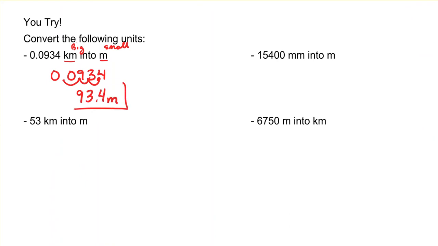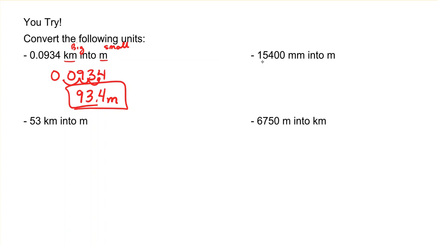Perfect. That's exactly how many meters there are in 0.0934 kilometers. So all I did was move the decimal place 3 times, and I moved it so that we got many small things. So a small number of big things is equal to a larger number of small things. Perfect. Let's try the next one.